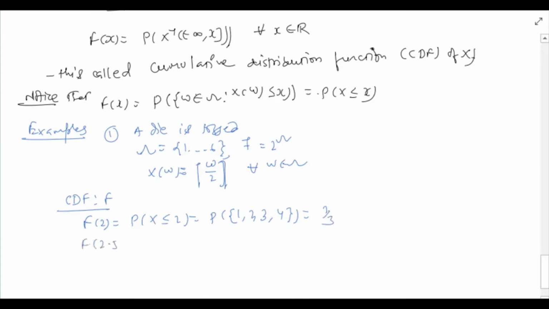F of 2.5 will be the probability of X less than or equal to 2.5, which will also be the probability of the same set 1, 2, 3, 4. So it will also be 2 by 3. F of 3 will be the probability of X less than or equal to 3. This will be the probability of the whole space, so it will be 1.